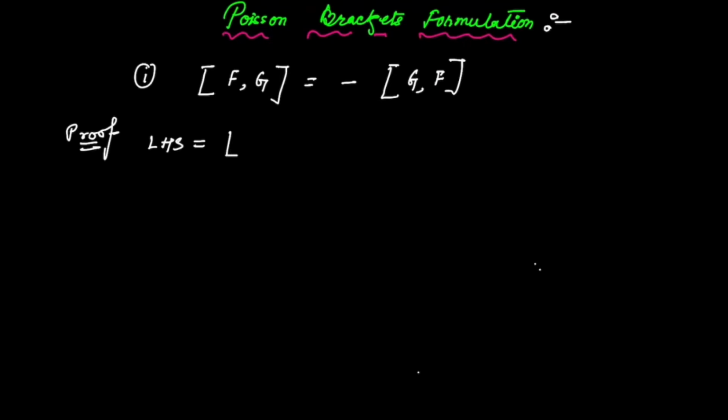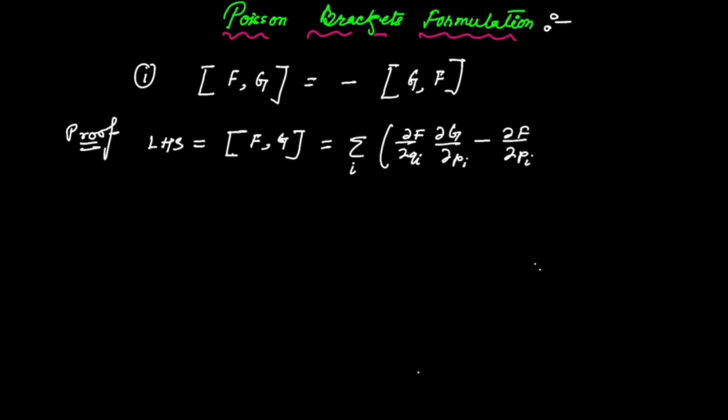The Poisson bracket of f and g can be written as the summation of del f by del q_i del g by del p_i minus del f by del p_i into del g by del q_i.